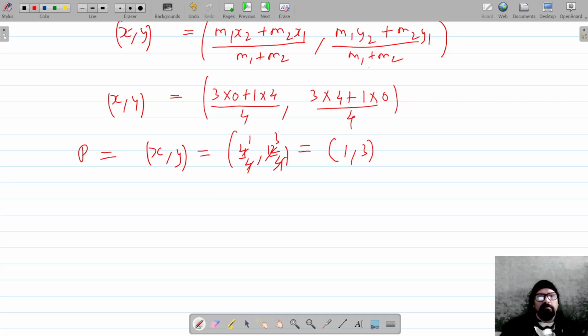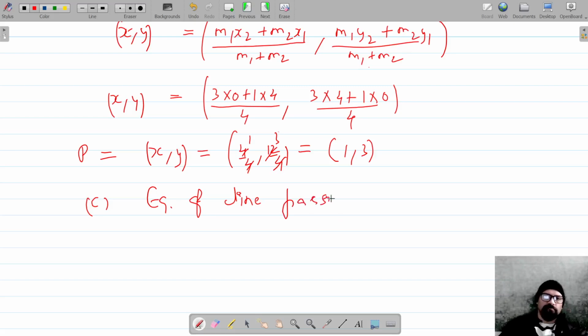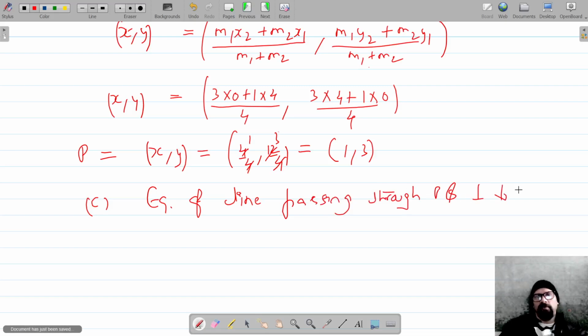And the third part says that we have to find the equation of the line passing through P and perpendicular to AB. So we have to find the equation of the line passing through P and perpendicular to AB.